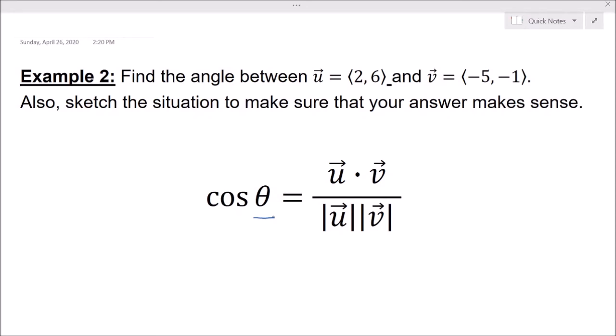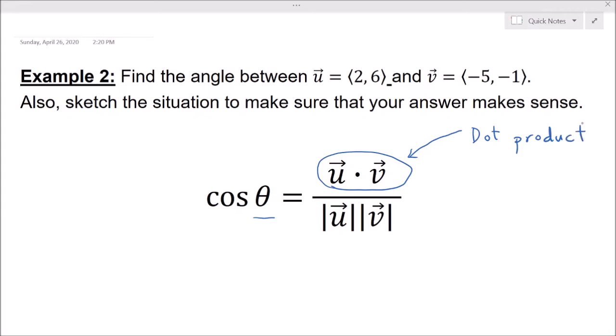Now on the right side, we've got this giant fraction, and notice on the top it says vector u dot vector v. So this part says find the dot product of the two vectors. So that's the dot product.